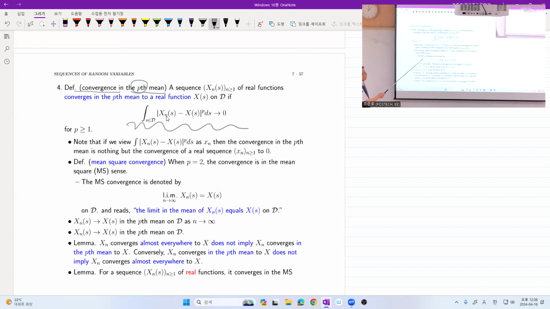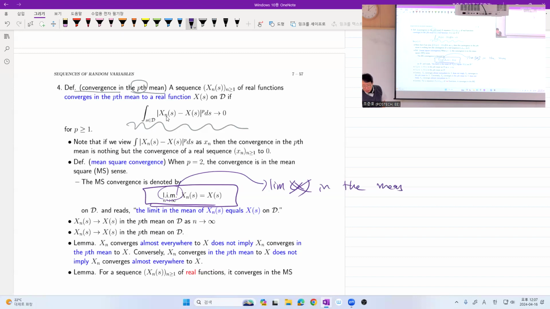Anyway, when we have p equals 2, we have a good notation. And as a graduate student, you must remember this one. Because when I first saw it, I thought there was a typo. See that? L, I, M? Probably a typo; we just use lim. No. What does that mean? This is what? Limit in the mean. That's why you have l.i.m. Got it?